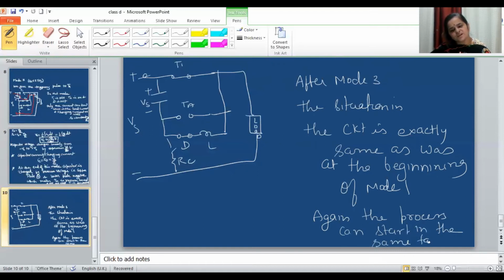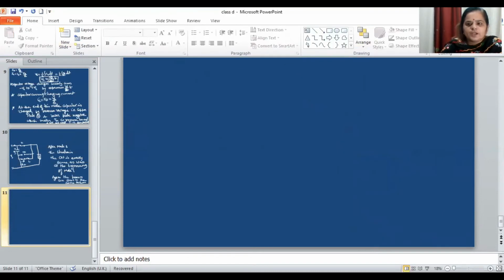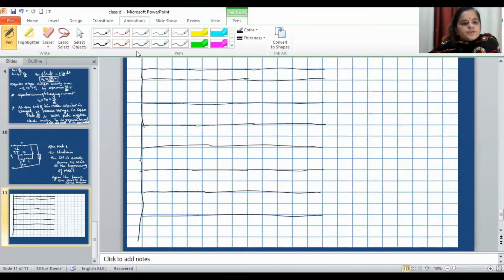Now let us draw the waveforms. Let me take the graph. This is IG1, that is the firing pulse to thyristor 1. This is the firing pulse to thyristor A. This is the load current. This is the charging current. This is the thyristor 1 current.